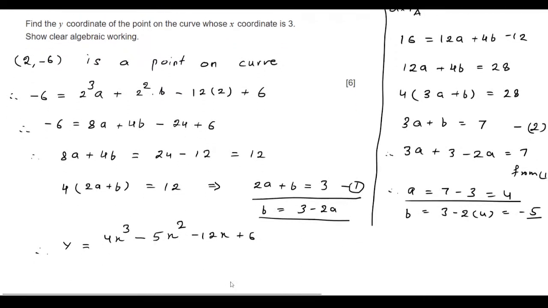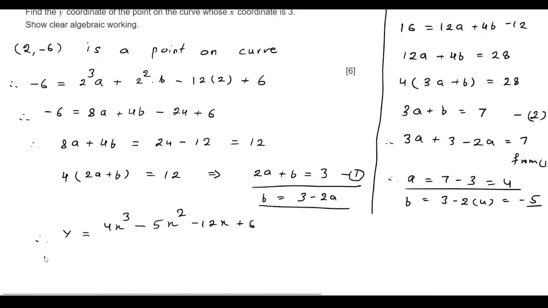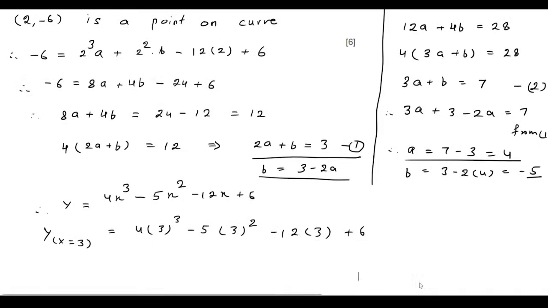So this is my y. And y for x equal to 3 will be 4 times 3 cubed minus 5 times 3 squared minus 12 times 3 plus 6.